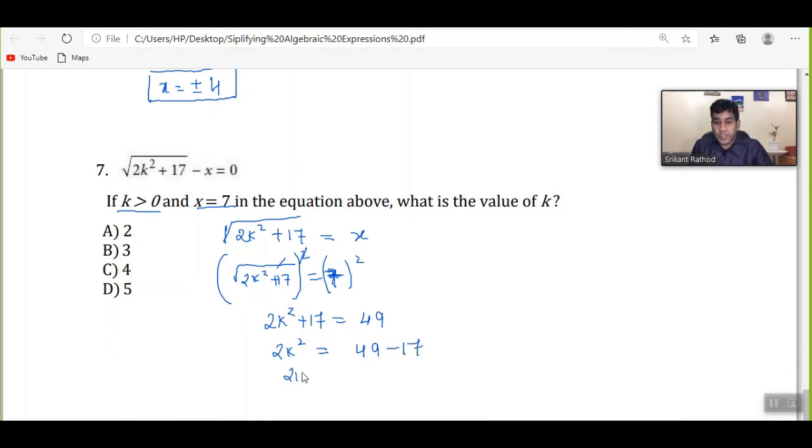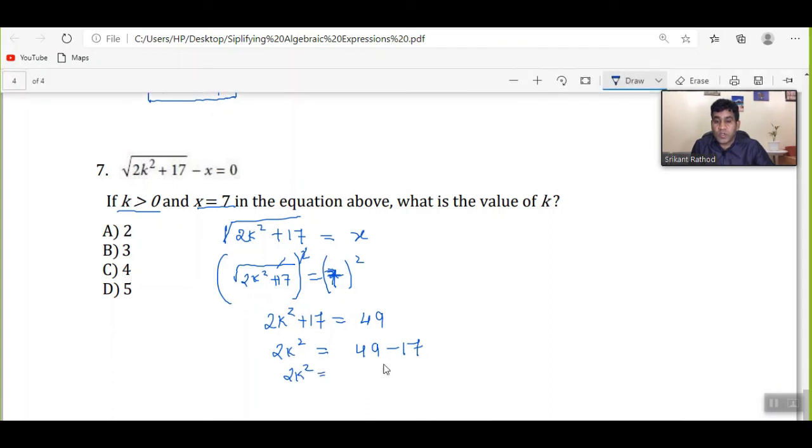So 2k square is equal to 32. Divide by 2 on both sides, and we get k square equivalent to 16.